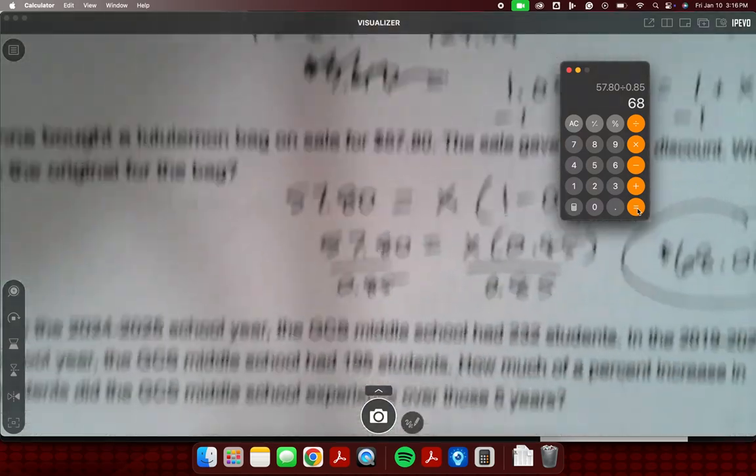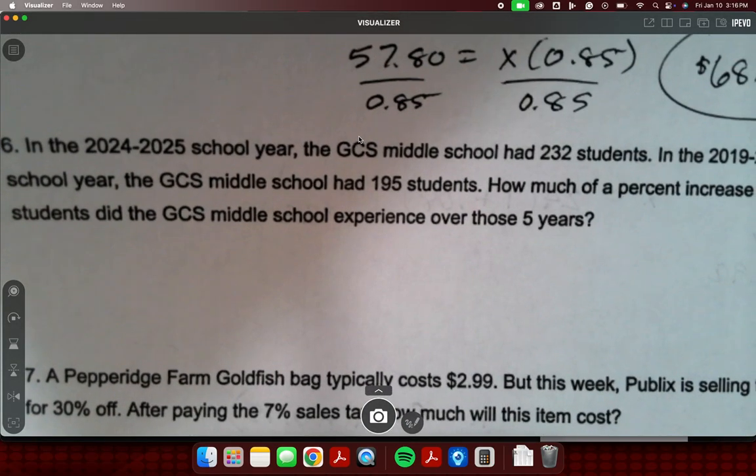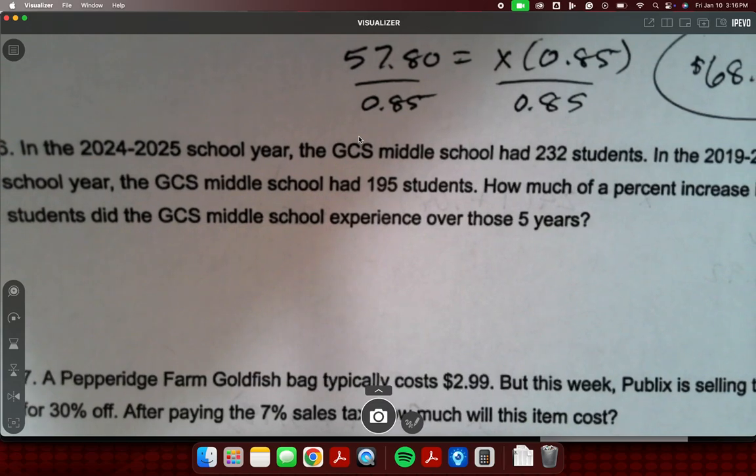Okay, number 6. In the 24-25 school year, GCS Middle School had 232 students. That's this year. In the 2019-2020 school year, the GCS Middle School had 195 students. How much of a percent increase in students did the GCS Middle School experience over those 5 years? So just think about it this way.